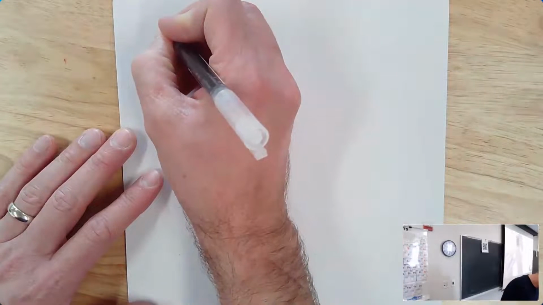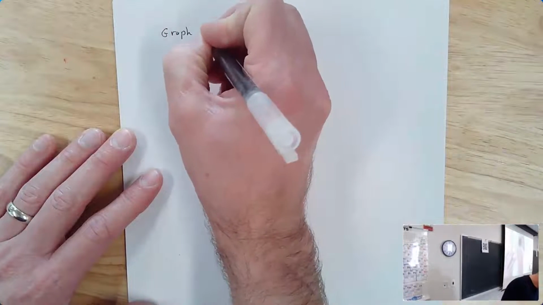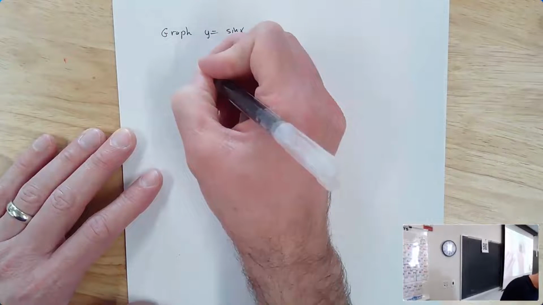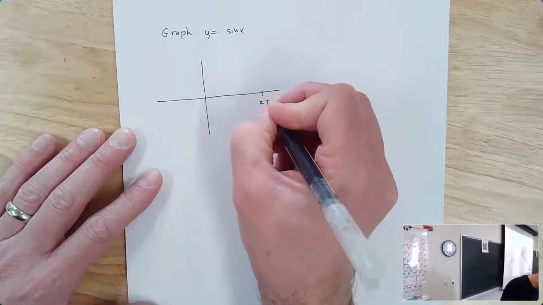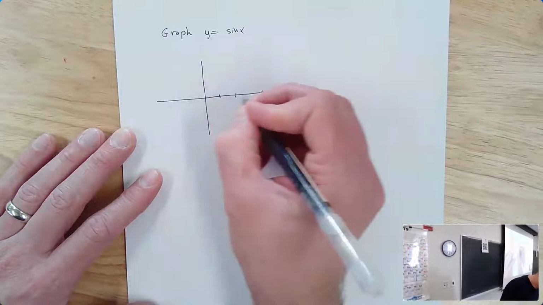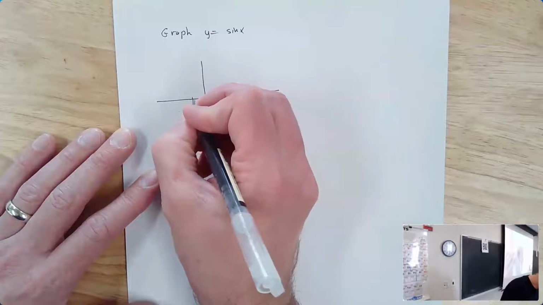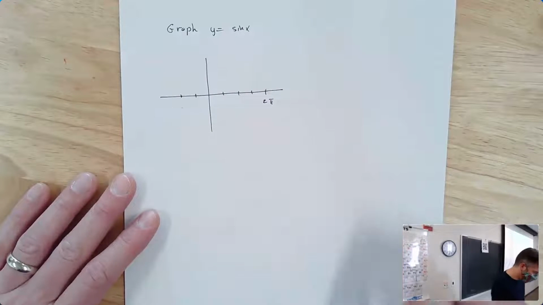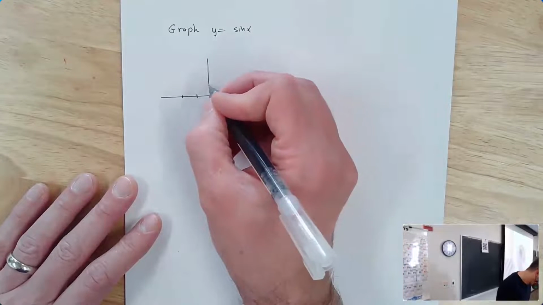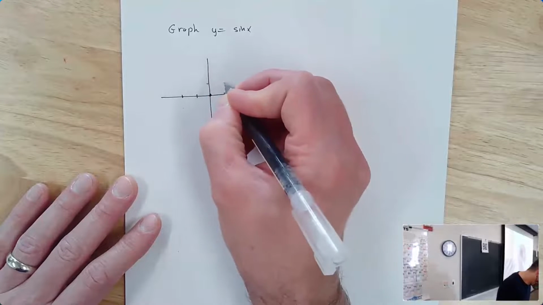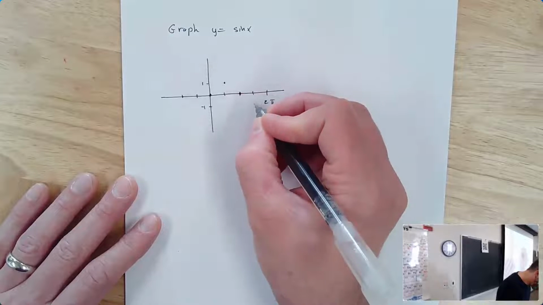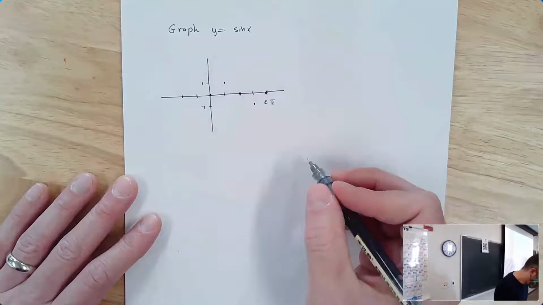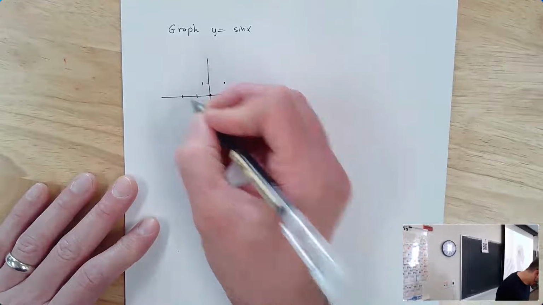So let's graph sine of x. Not too detailed. There's my period of 2π, cut it into 4 spots, and maybe a couple spots to the left here. So sine starts at 0 and then goes up to 1, back to 0, down to -1, back to 0, and to the left, kind of looks like that.